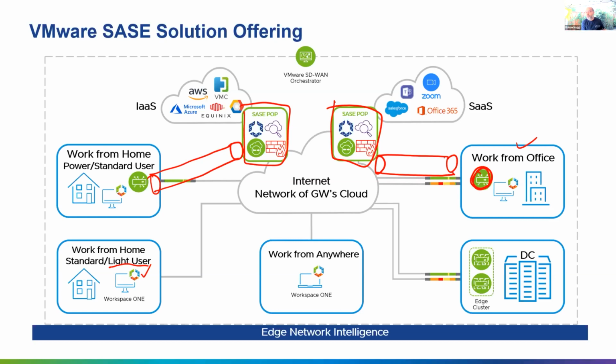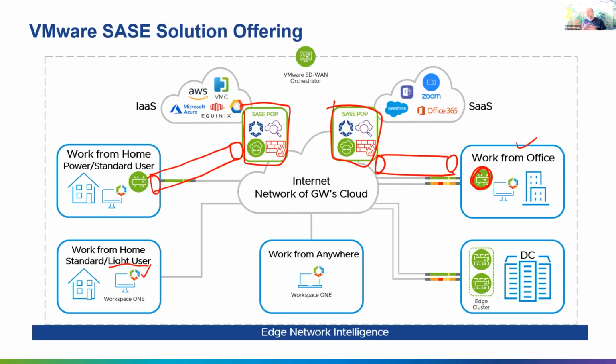If you see your home network, when you connect using the public internet, it's not secure. It is full of latency, jitter, packet loss. Hope everybody understands these definitions: latency, jitter, packet loss. If not, please ask me, and I can quickly go through them. But this is where SD-WAN is protecting you.